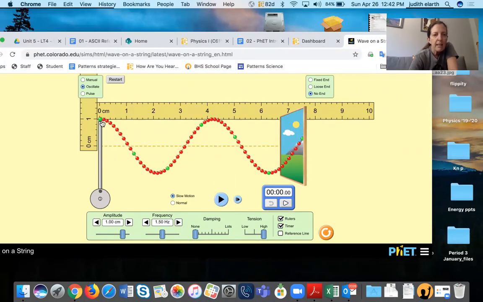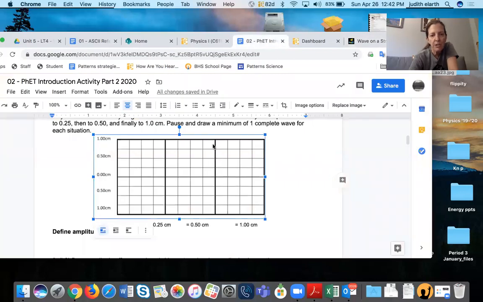Okay. So my wavelength, crest, through 0, trough, through 0, up here, oh, right around 4.2 again. So I'm going to go here. I'm going to start my crest at 1, go through 0, down to 1, up to 0, and back up. Okay, one wave at each of those.